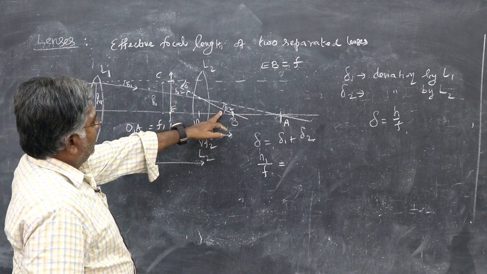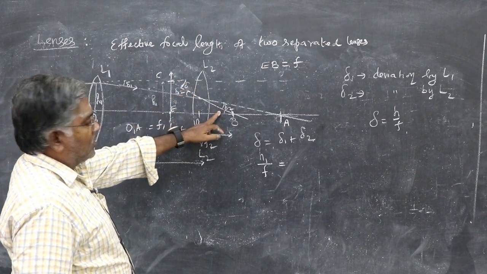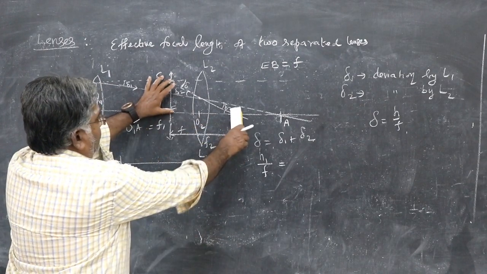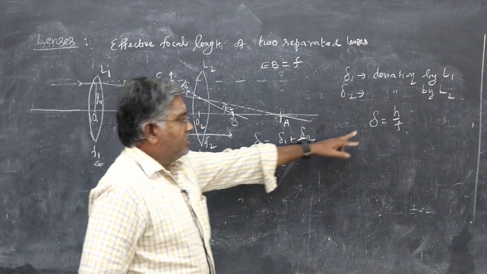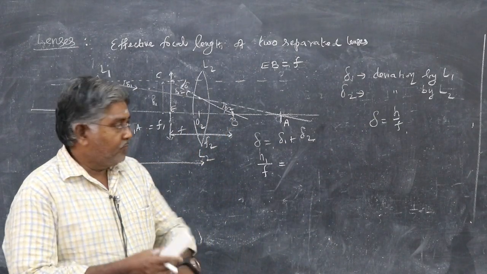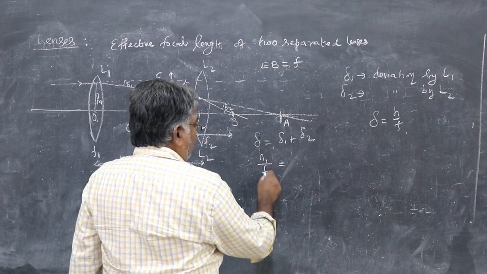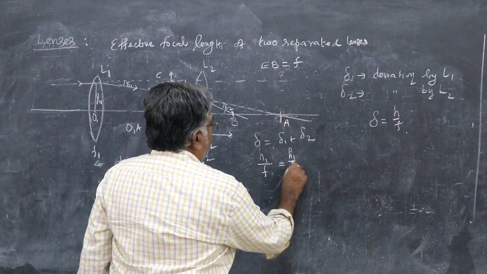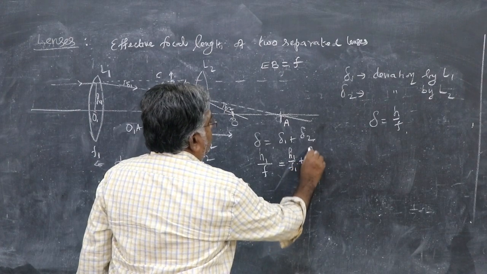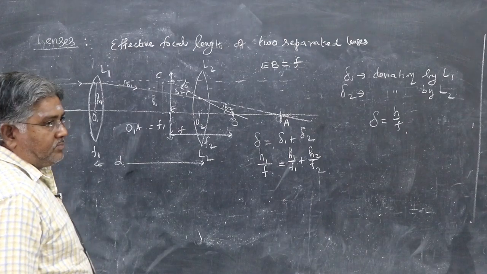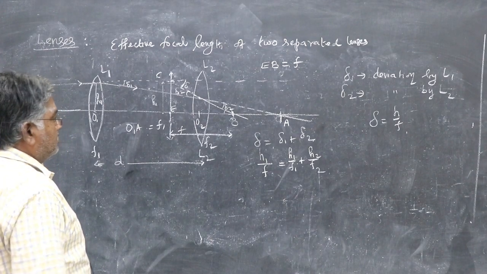This is delta, because this is delta, this also is delta. So delta is equal to h by f. That's what I said, for the lens h by f will be the deviation. Already I told you. So h1 by f for delta: delta 1 is h1 by f1 plus delta 2 is h2 by f2.